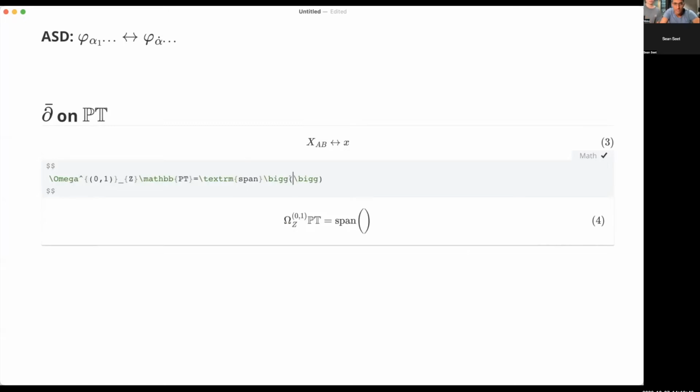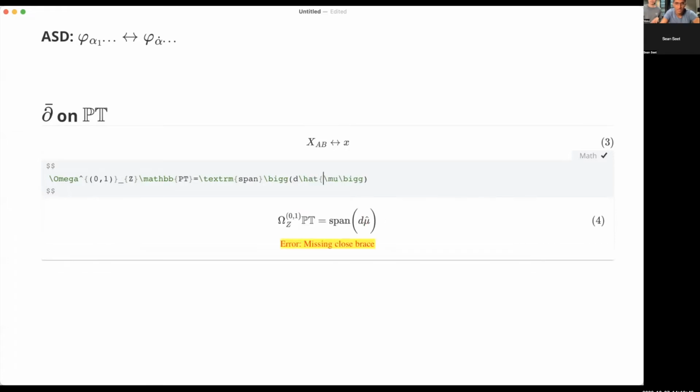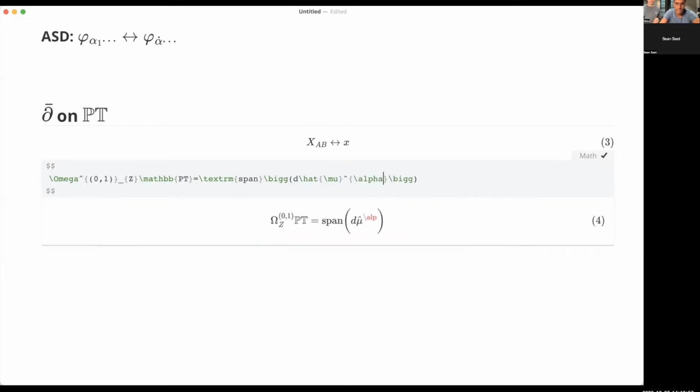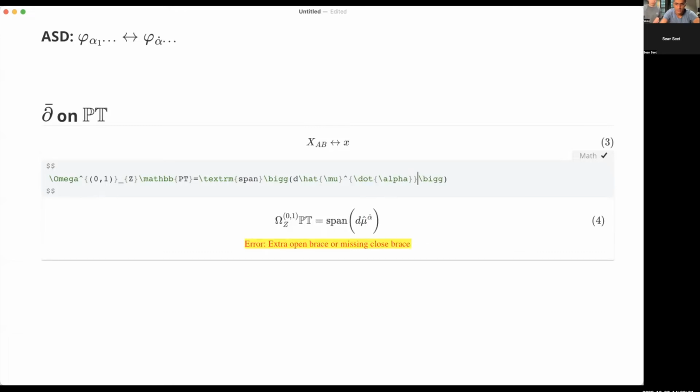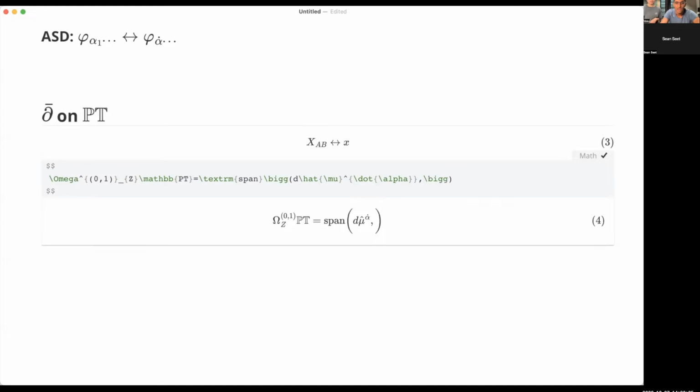They're spanned by the d-bar mu hat, the (0,1) part of those, and there's some index on them, dot alpha, because the hat doesn't do anything to the dot in Euclidean signature. And so this I'm calling E.